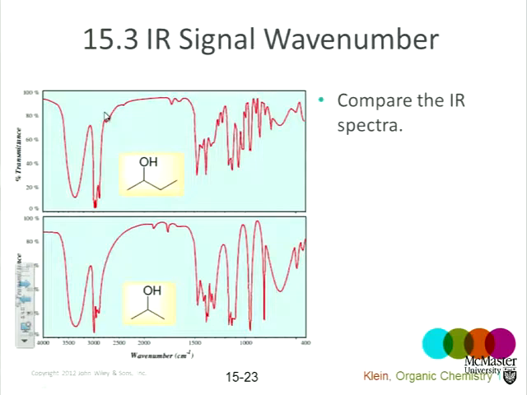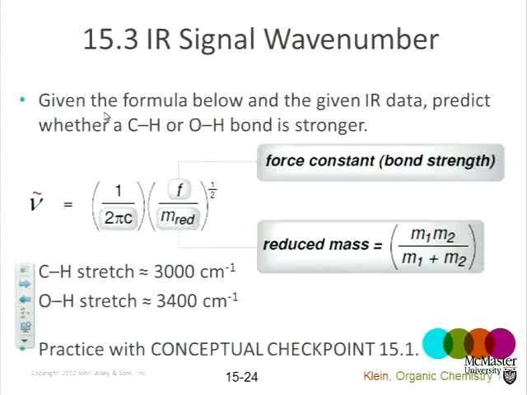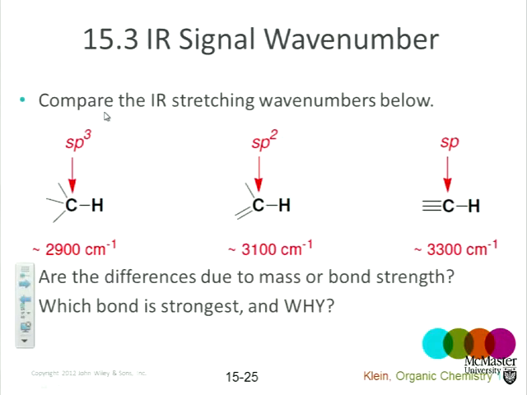Oh, there we go. We've compared them. Oh no, there's the force constant thing again. CH or OH bond is stronger. Hybridization. We haven't talked quite about hybridization yet in chapter 1.